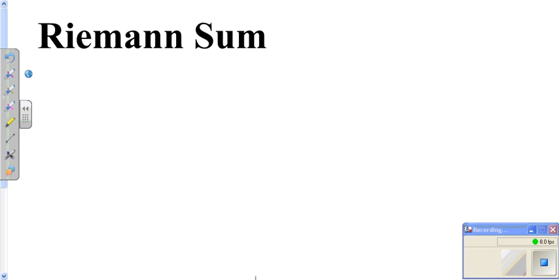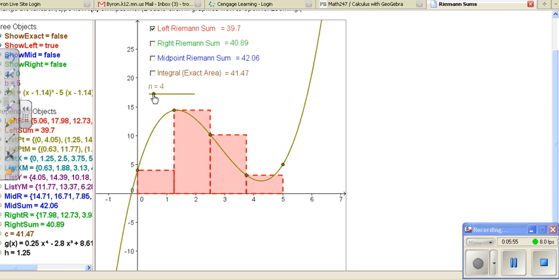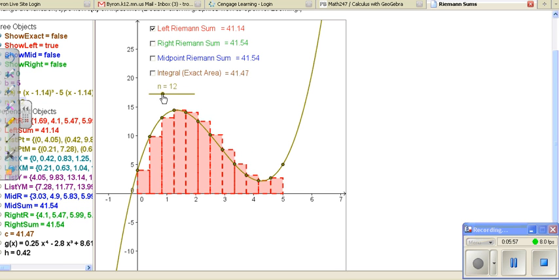So let's go ahead and take a look at a problem here. We look at the number of rectangles increasing, and you'll notice up here as I increase the rectangles, these values change, get closer and closer to the exact value. And we're looking at the left endpoints.